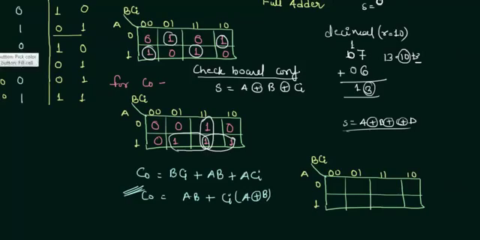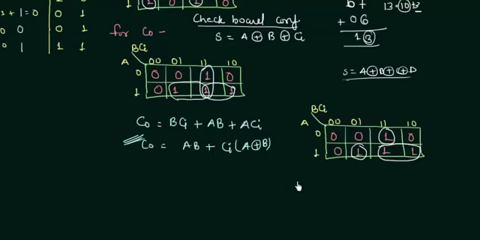Just fill it in, so this is your 0. Let's do this with a different color: 0 0 1 0, 0 1 1 1. Now I will make a group of these two ones, and keep this one alone and this one too. I did not combine these ones with any other ones; I kept them alone.